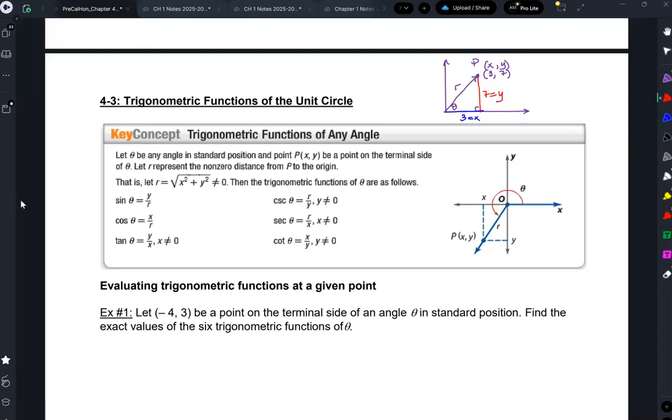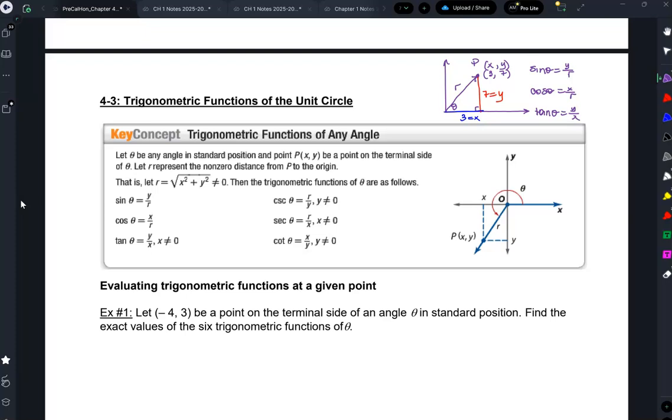And this just has a length of y. And so now, if I wanted sine of theta, it would just be y over r. Cosine would be x over r. Tangent would be y over x. And then secant, cosecant, cotangent would just be the reciprocals.